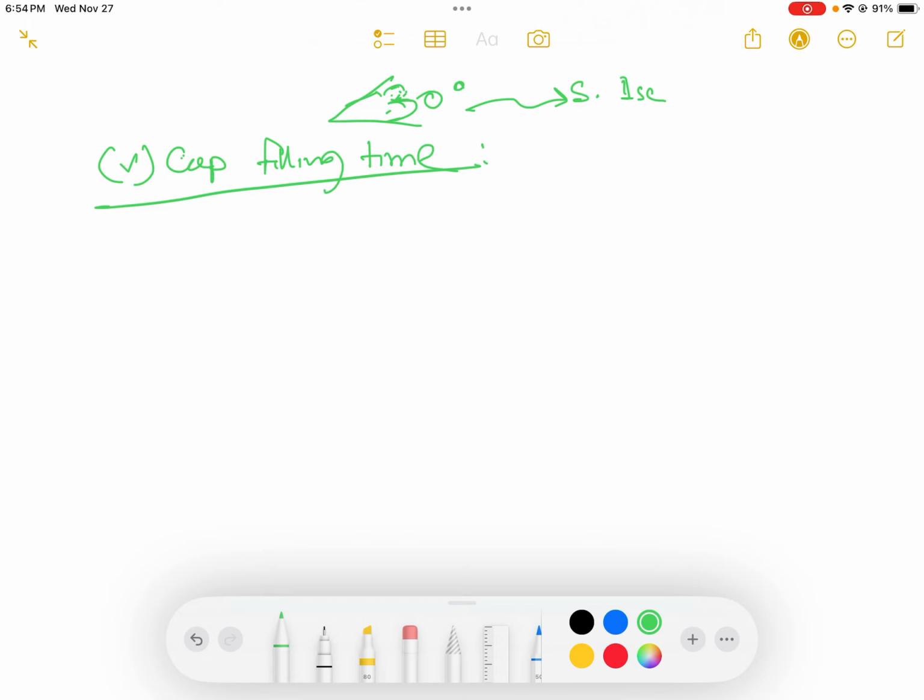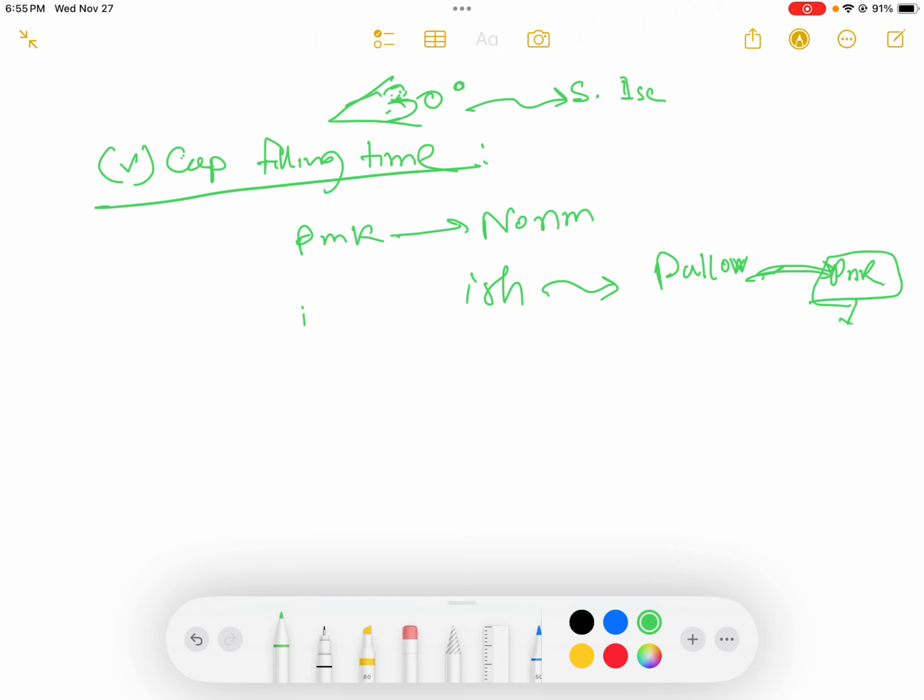A normal leg will remain pink as it was during elevated position, but an ischemic leg will first become pallor when elevated and gradually becomes pink in horizontal position.